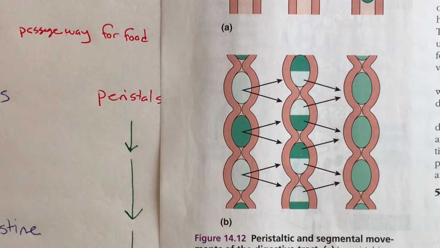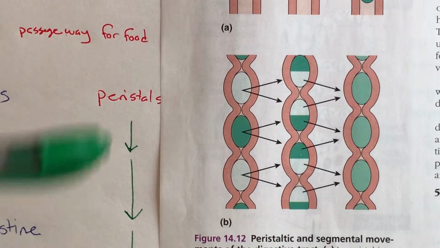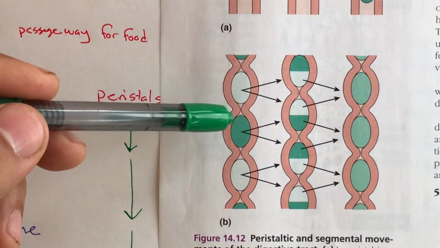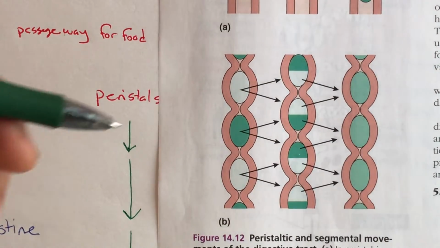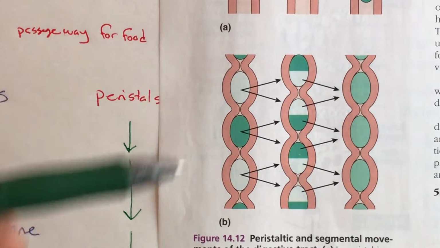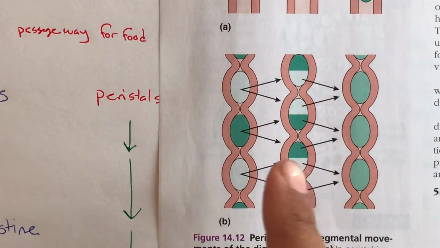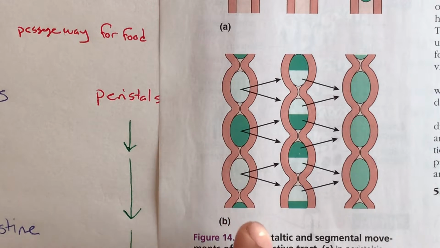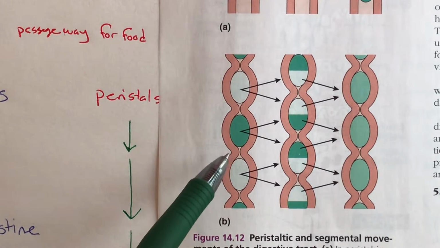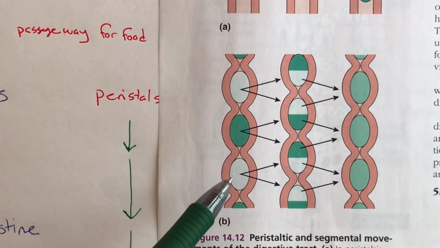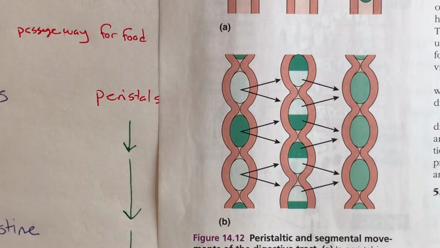Now, segmentation is also done with this circular muscle, but these contractions don't occur in any particular order. The function of that is to allow food to be broken up. It's a mechanical digestion process to help break food down.